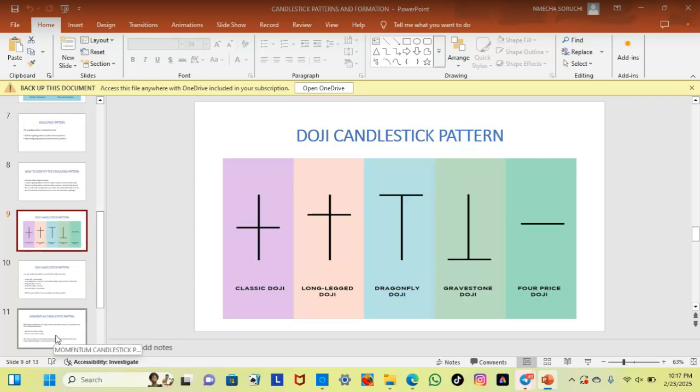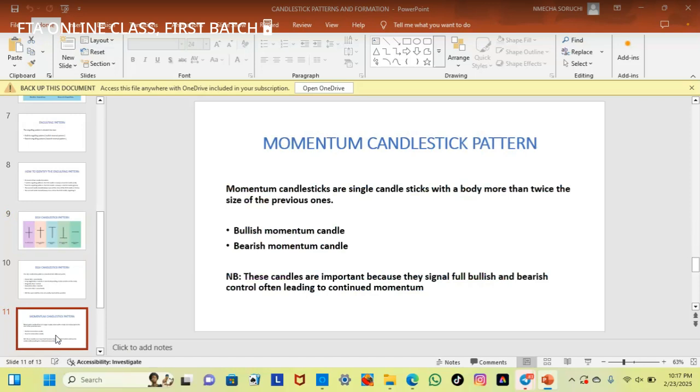The next one here is the momentum candlestick pattern. Momentum candlestick patterns are single candlesticks with a body more than twice the size of the previous one.